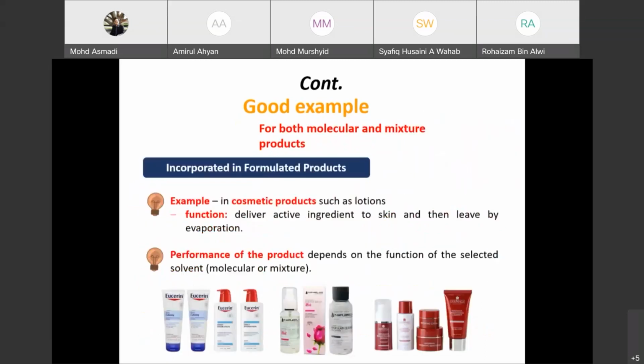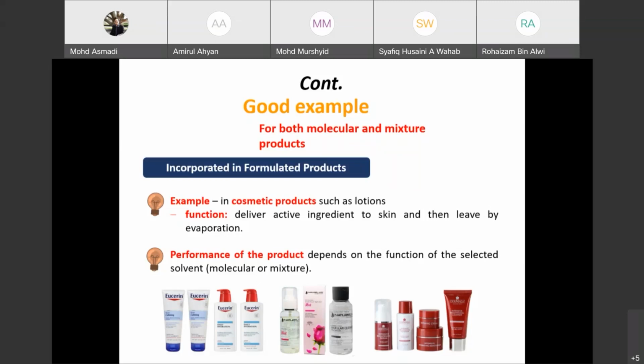Okay, for the formulated products, an example is a cosmetic lah. Okay. Selalunya kita akan deliver active ingredient to skin and then leave by evaporation. Okay. And then actually the performance depends on the function of the selected solvent. Sebab selalunya kalau kosmetik ni, contohnya yang hari tu macam, tapi saya tak tahulah kalau makeup ni ada solvent ke? Dia akan evaporate ke?